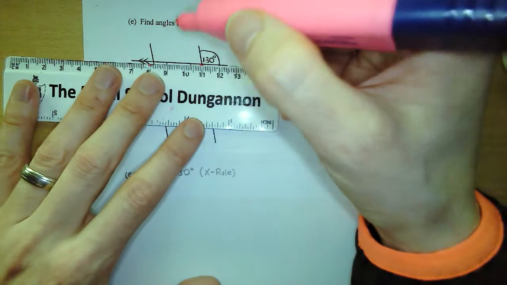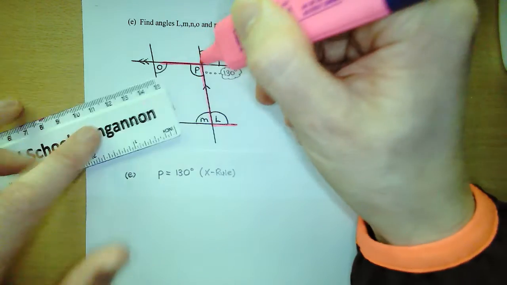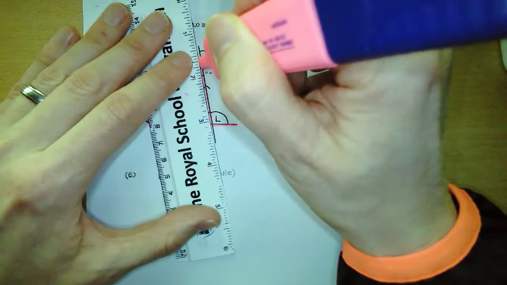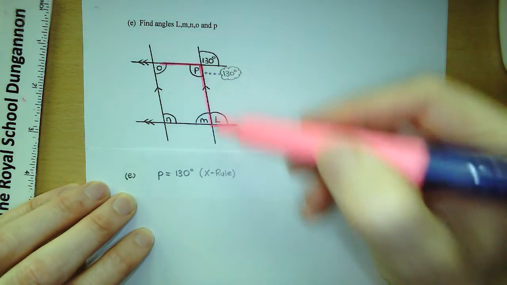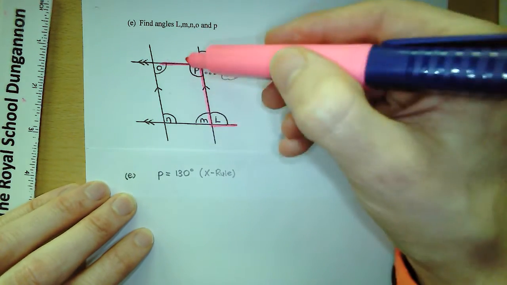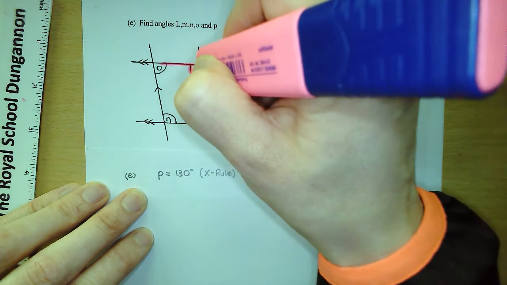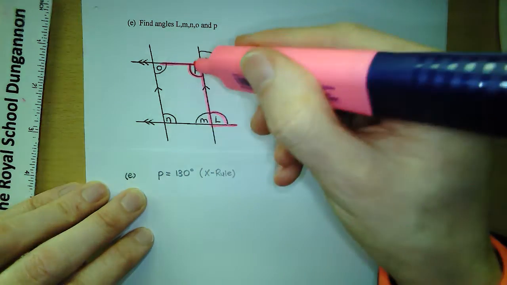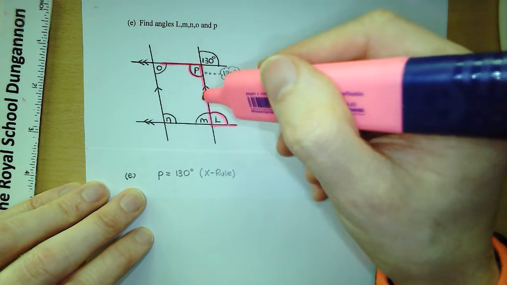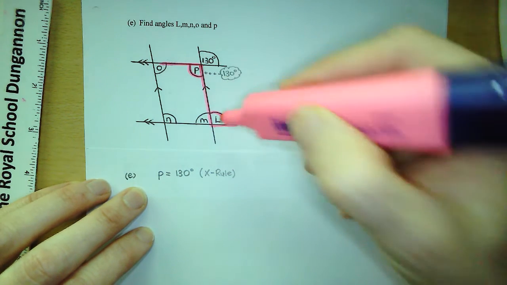And then I'm going to complete the Z by tracing over the other line. So you can clearly see there we have our letter Z. It contains two parallel lines, and then that means that angle P and angle L are alternate because they both lie inside the letter Z and they both lie at the joints of the Z, so they are the same.